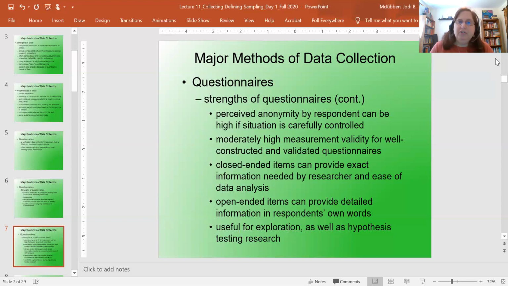So when we're talking about a closed-ended item, we typically mean like a multiple choice or something, choose more than one item or choose just one item. Open-ended tend to be more fill in the blank or even comments, longer open-ended questions. Okay.